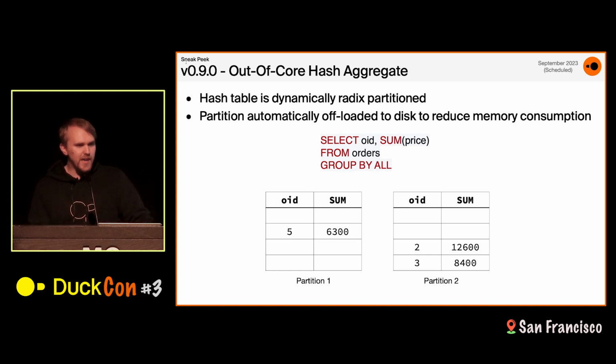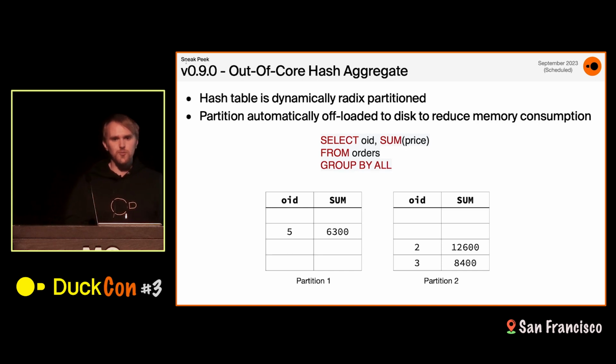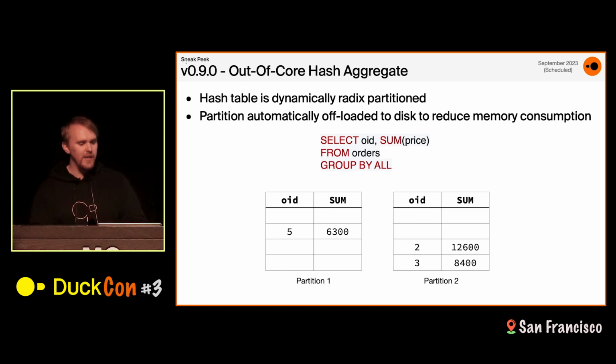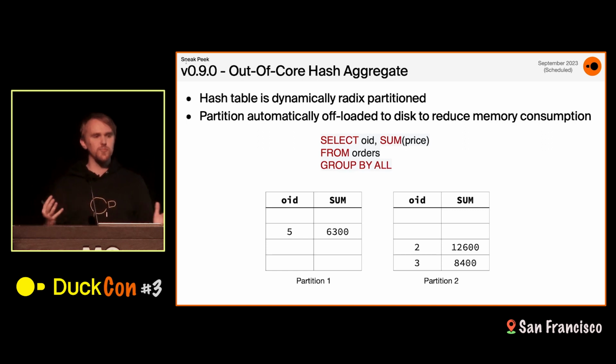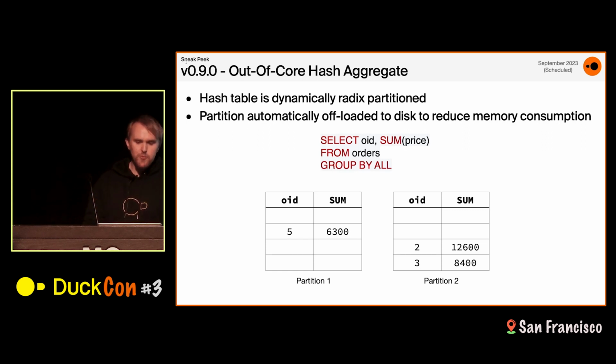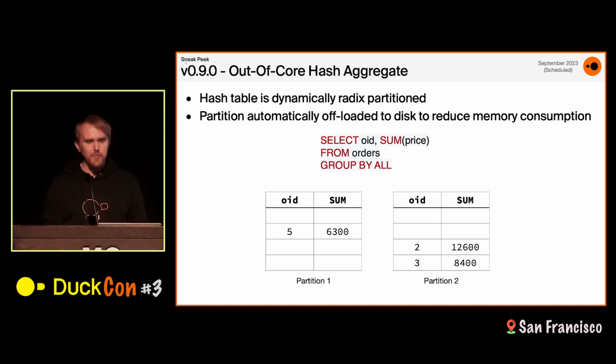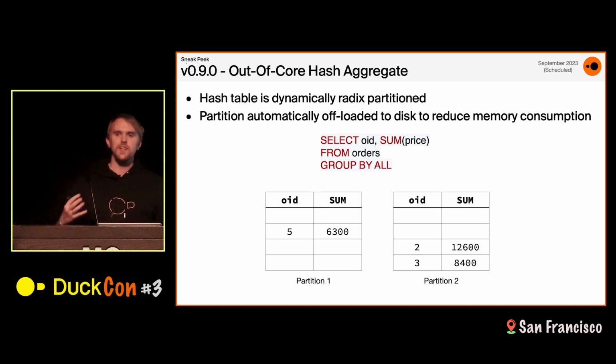Essentially, by cleverly looking at how these hash tables are being created, how much memory is consumed, and the available memory, we try to keep this stuff in memory as long as possible. But if you run out of memory, we can slowly start spilling to disk.